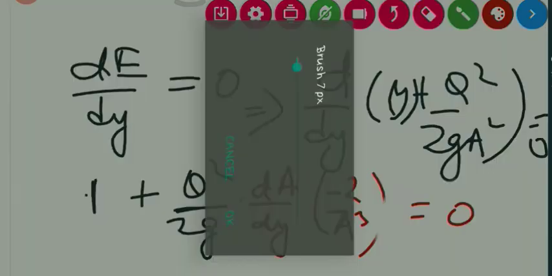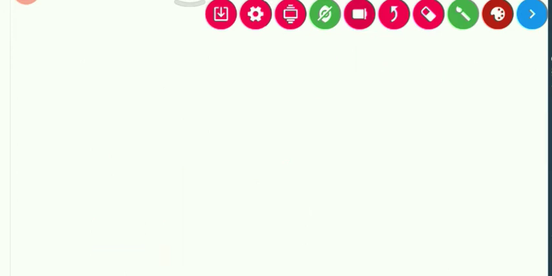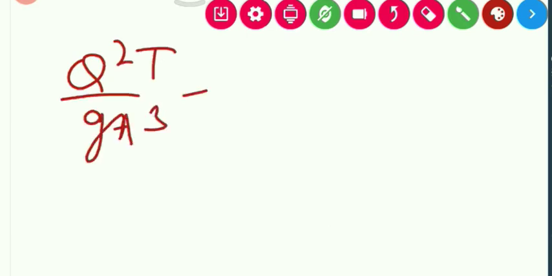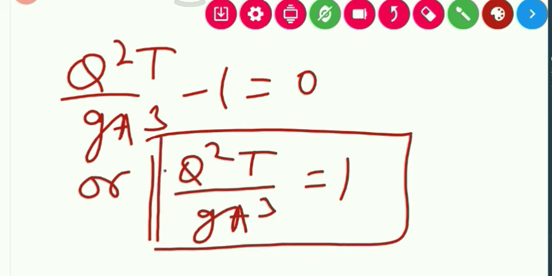So if we go on calculating these values, we will obtain a value which is Q square T upon g A cube minus 1 equal to 0, or Q square T upon g A cube equal to 1.